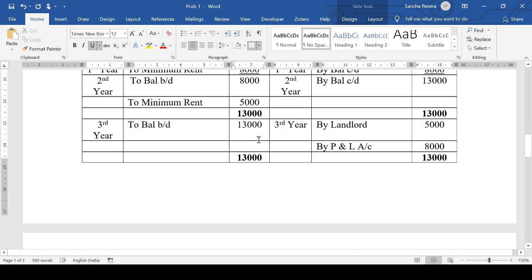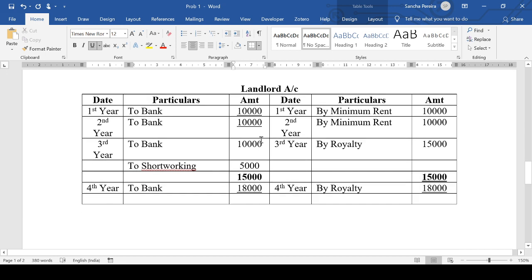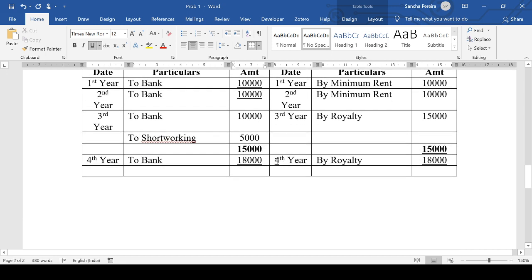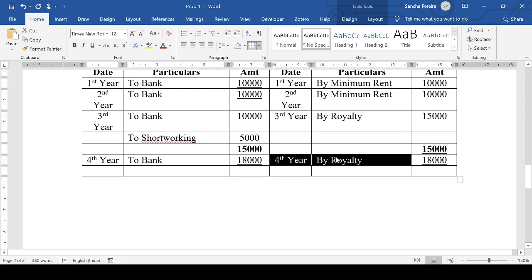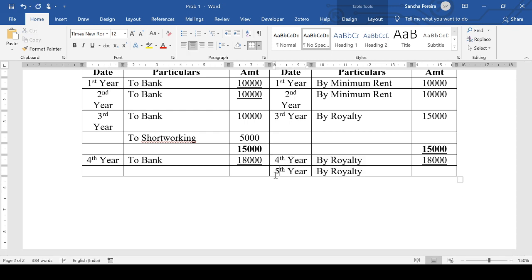So if we say royalty to landlord, in landlord it will be by royalty, fifth year, 20,000.